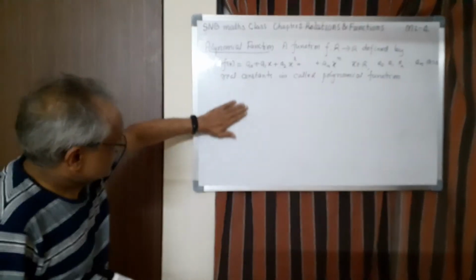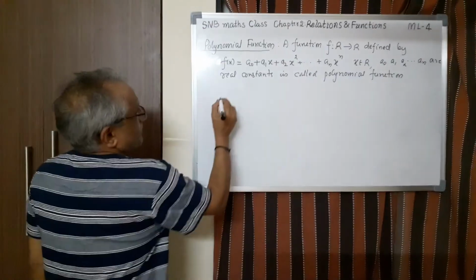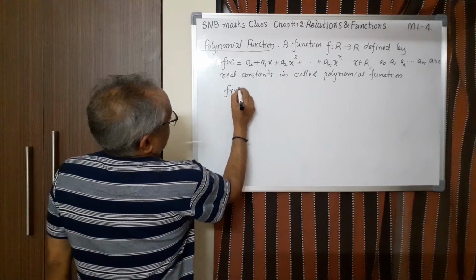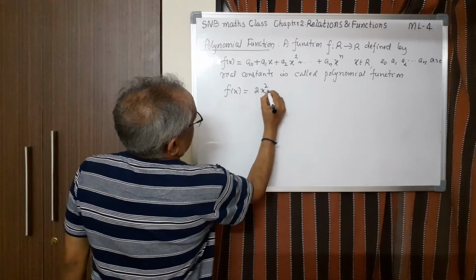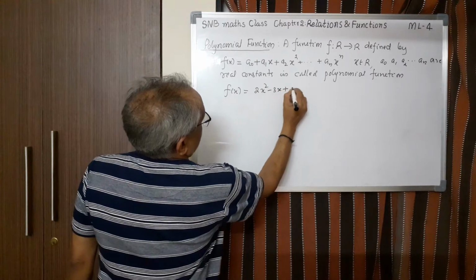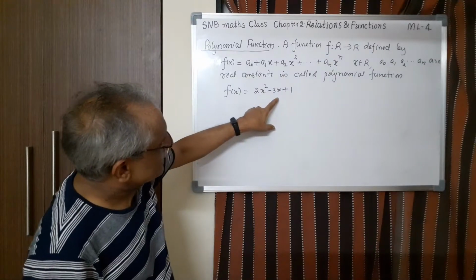Let us first try to understand what we mean by a naught, a1, etc. Say for example, f of x equal to 2x square minus 3x plus 1. Normally, when we write the function, we write the power of x in decreasing order.